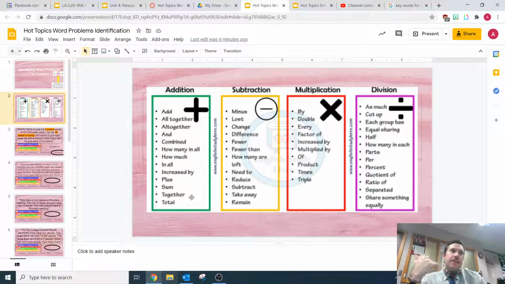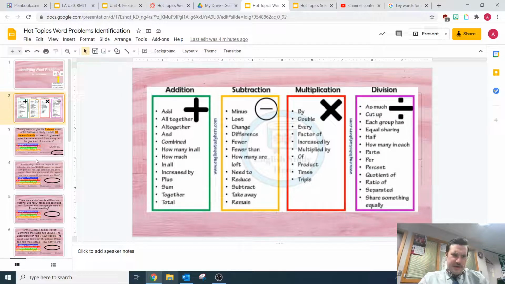So like so many people in 8 groups, that would be multiplication. And then the last one, division: thinking each group has, or equals, sharing, how many in each share something equally, and how many parts. So we're taking something bigger and splitting it up into something smaller.